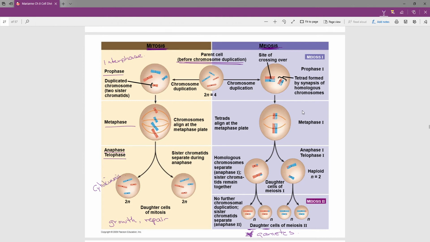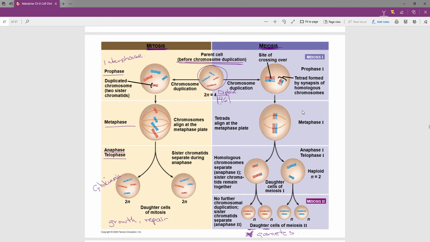And so what we have going on is we could talk about this being the original cell. And so we talk about it as being a diploid cell. It's diploid because it's doubled, right? It has a full set of chromosomes. In humans, the diploid cells have 46 chromosomes.